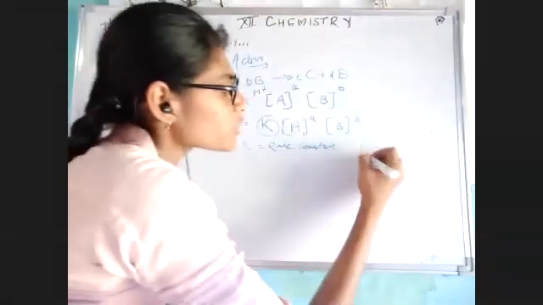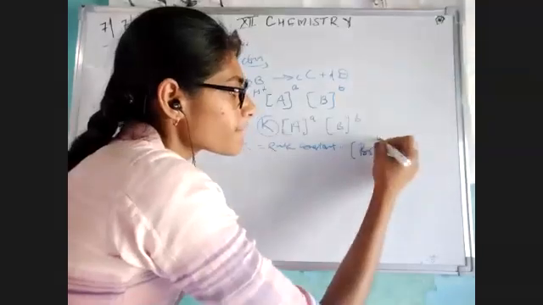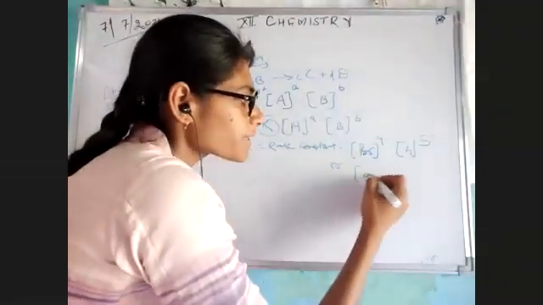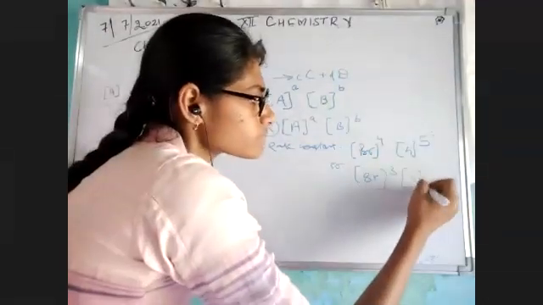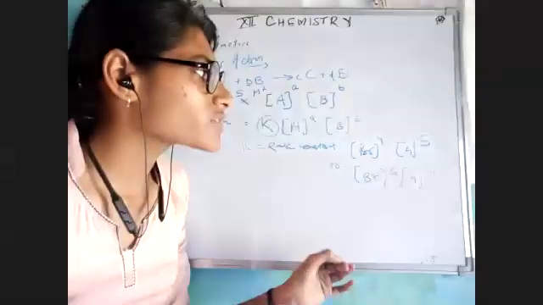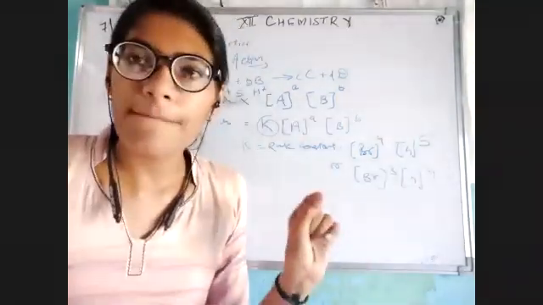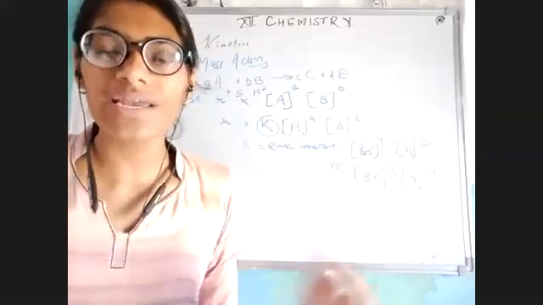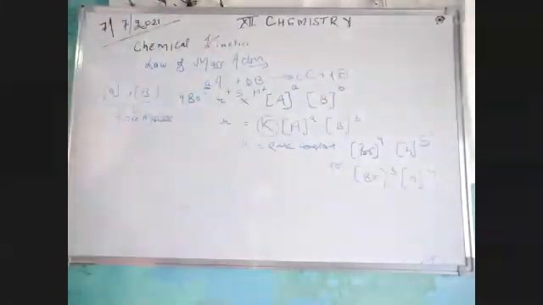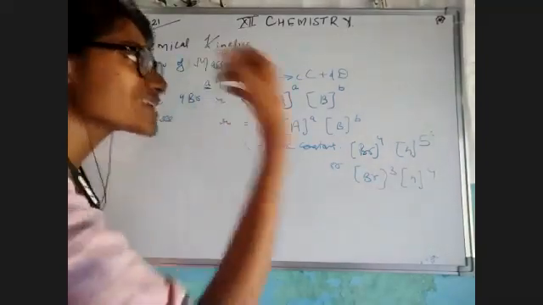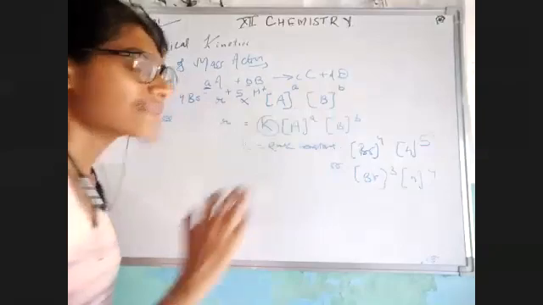So it could be this or it could be this. That means depending upon a particular reaction, the stoichiometric coefficient could change. It keeps on changing. So it is not compulsory that the stoichiometric coefficient would definitely be raised as the power.